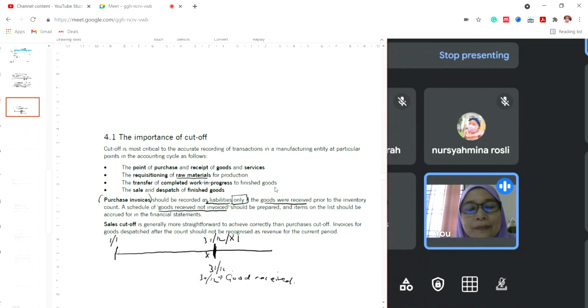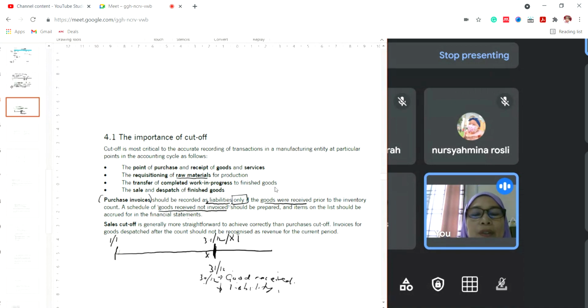So you have to ask whether these goods received should be recognized as a liability or not. So the recognition of the liability should start here on 30th of December. So recognize it as a liability.